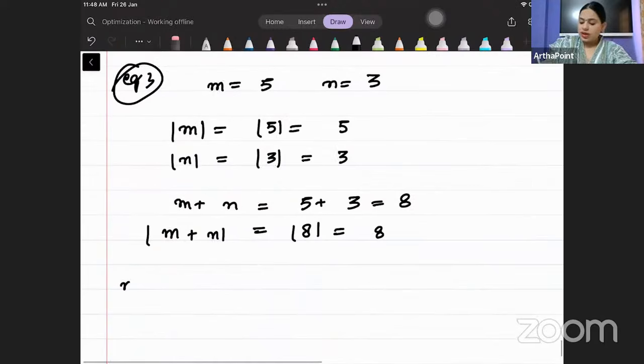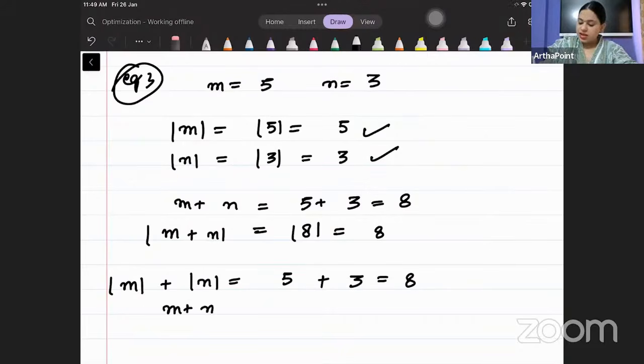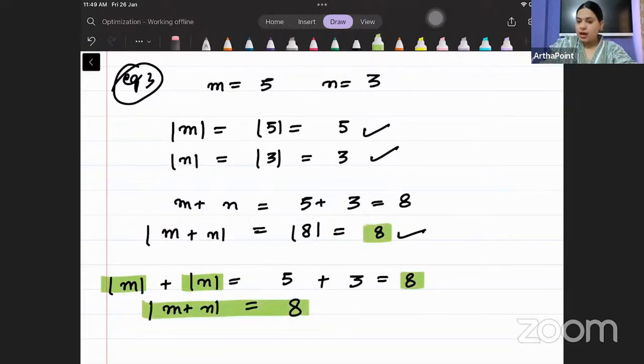So m mod plus n mod क्या हो जाएगा बेटा? 5 plus 3 which is 8 और m plus n mod भी क्या हो जाएगा बेटा? 8. So both of them are equal. m mod plus n mod भी 8 है and m plus n mod भी 8 है. Both of them are 8. So these follow with equality.